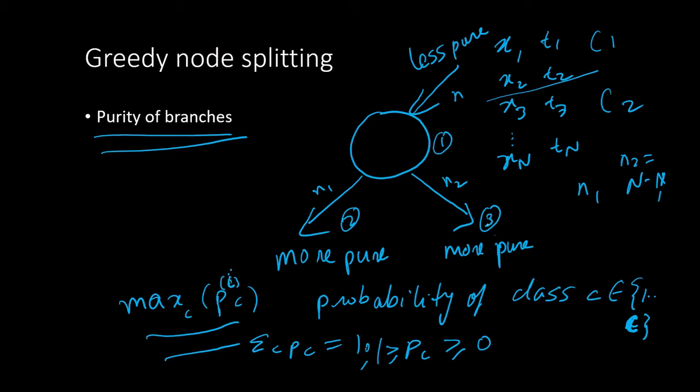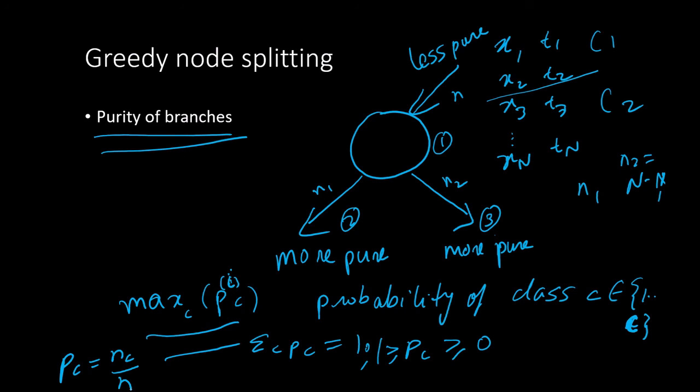All the training points that are reaching that particular node or branch, we look at the probability of those. We don't know the probability, but we are going to model it as the number of points in class C divided by all the points that are coming to that node. It's an empirical estimation of that probability. So that could be one way of looking at purity.